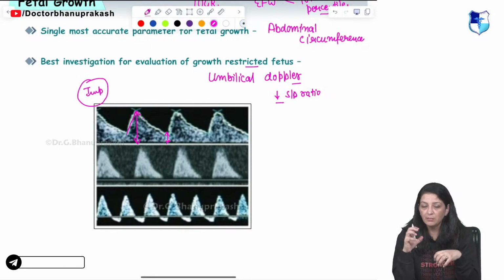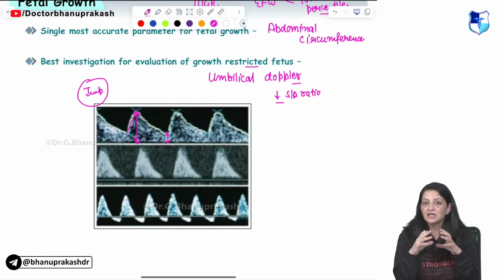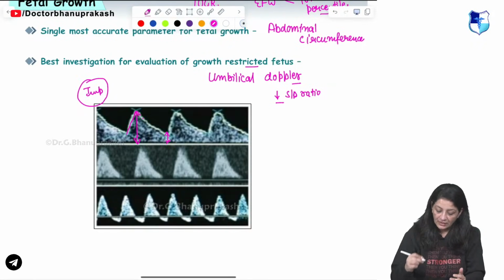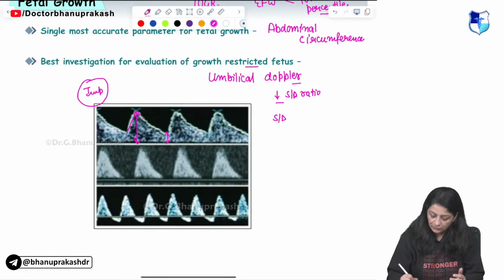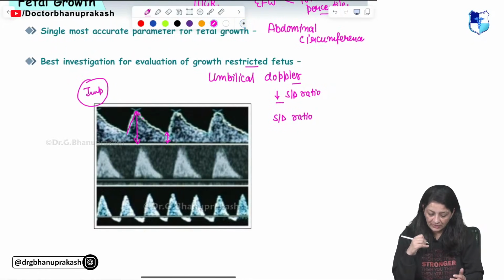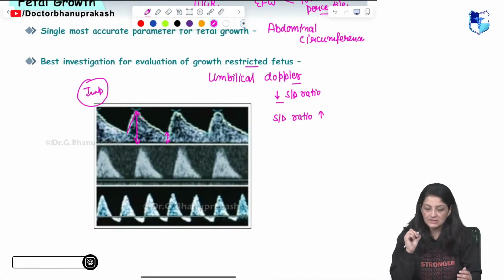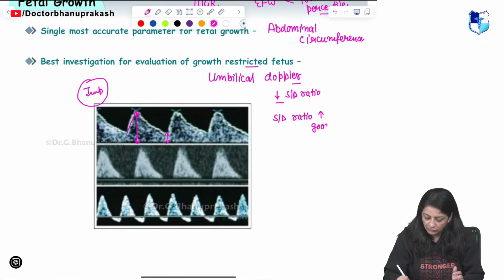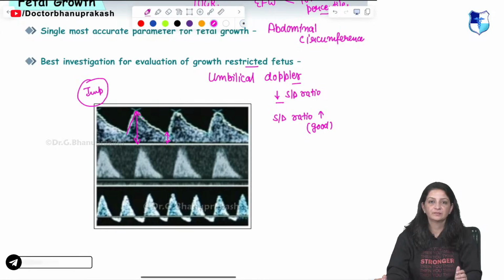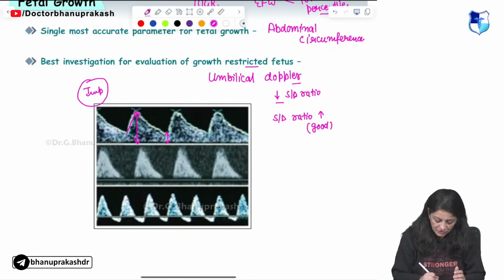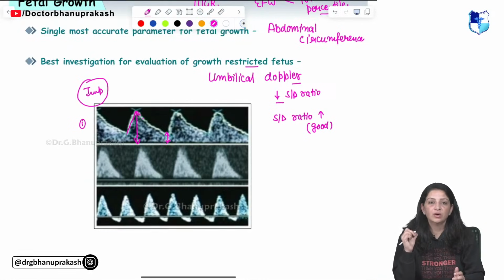Now the fetus is pumping blood, but there is a high resistance at the level of placenta. At this time, the SD ratio, which is low during normal pregnancy, will be raised. It means there is some problem which is not good for the fetus. This is the first change in umbilical Doppler.